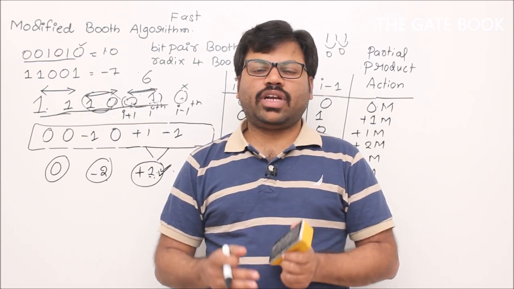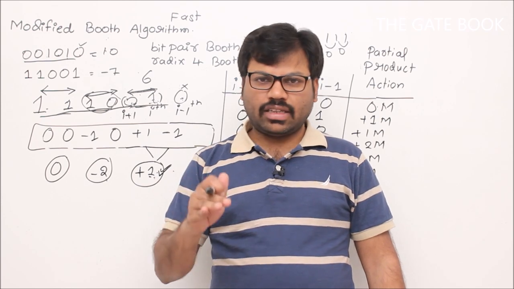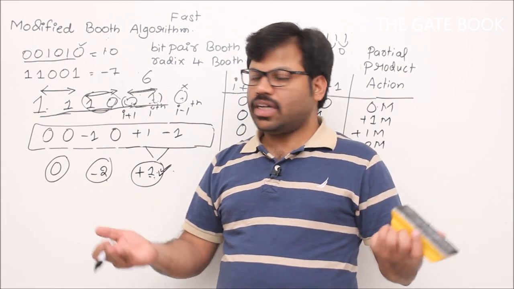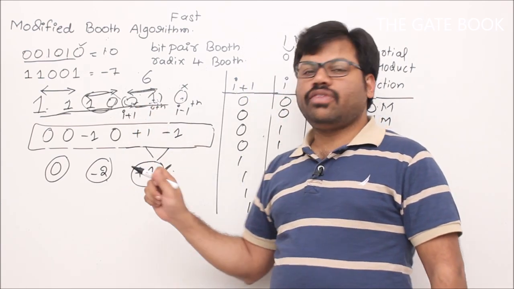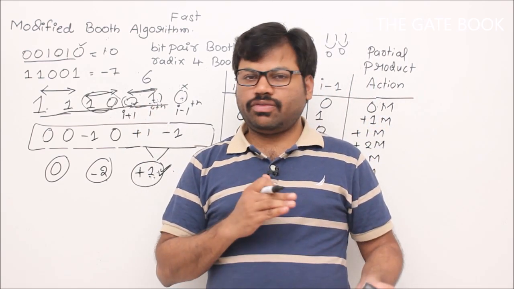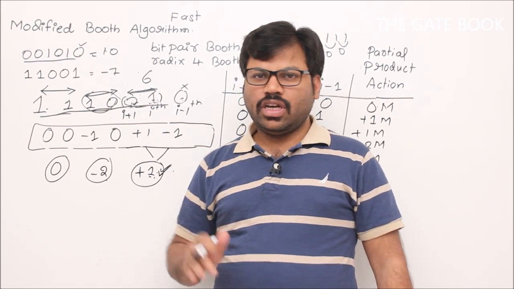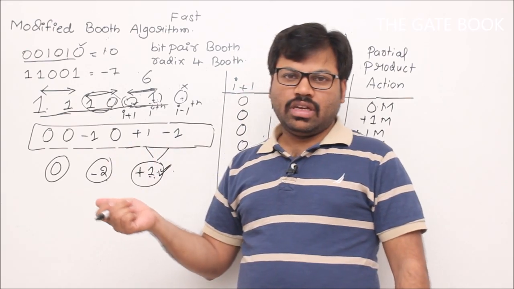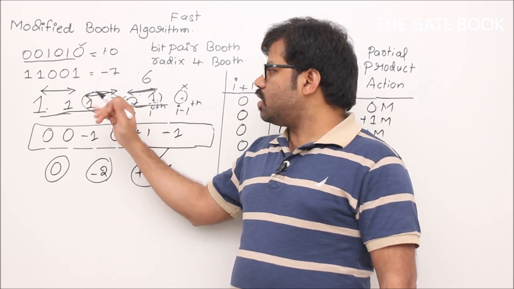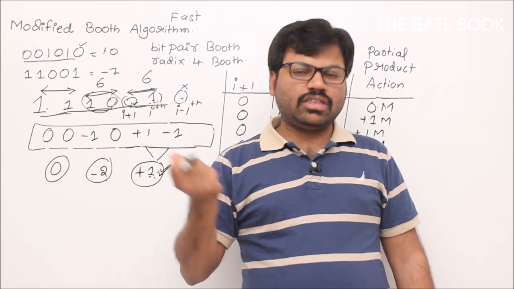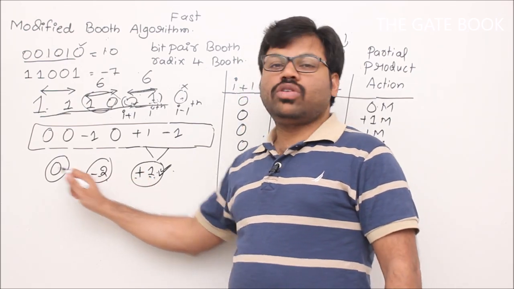If you had to do 6 additions, rather than that we are doing only 3 additions, because we are observing 2 bits at a time and taking only one decision. But the number of shifts we are not reducing. Generally for a 6-bit multiplier we are supposed to do at most 6 additions, but here it is at most 3.